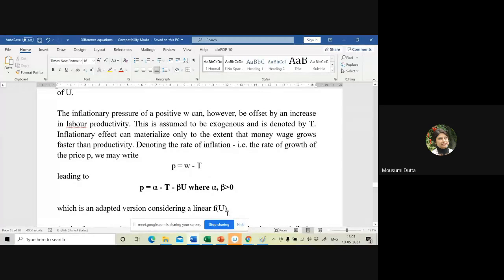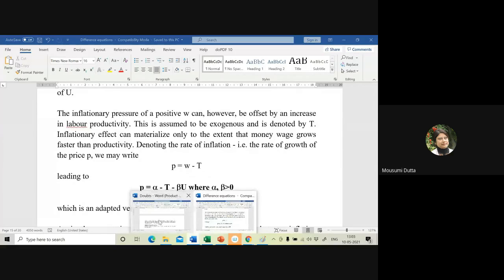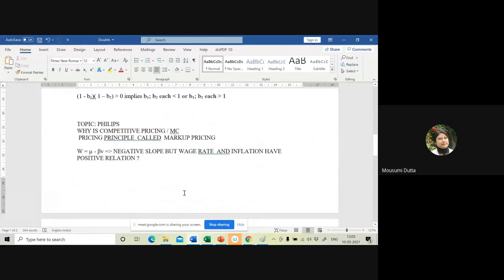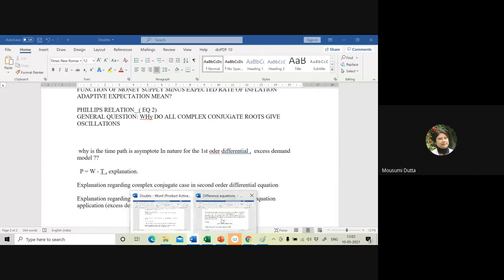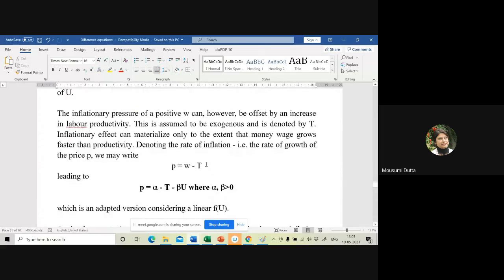Inflation rate is equal to W minus T. So what is the problem with this equation?